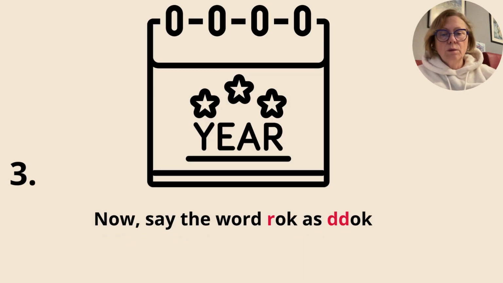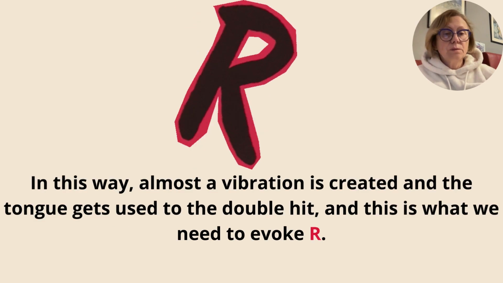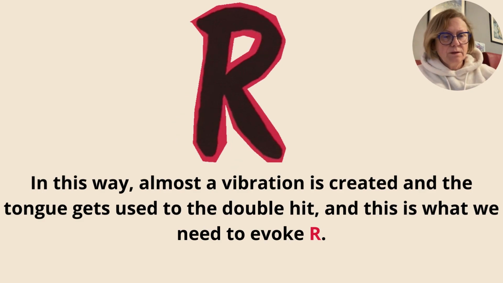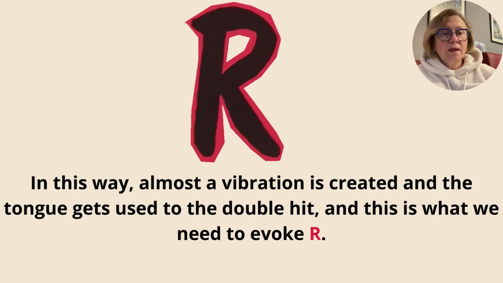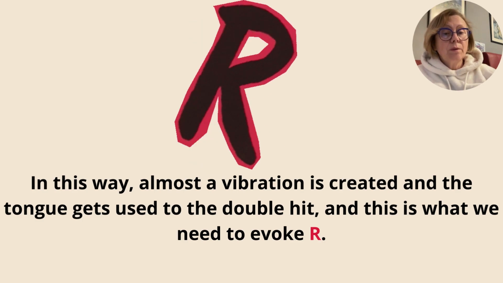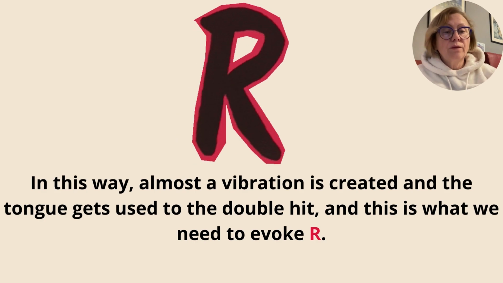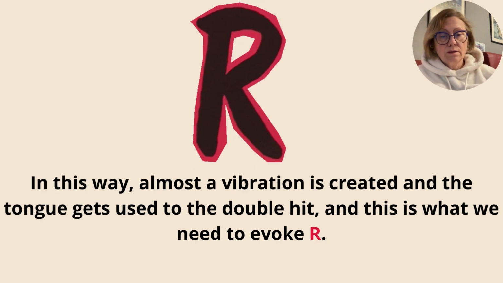Now say the word rock as dydok. In this way, almost a vibration is created and the tongue gets used to the double hit, and this is what we need to evoke R.